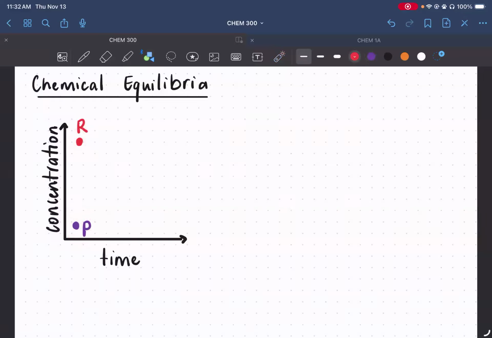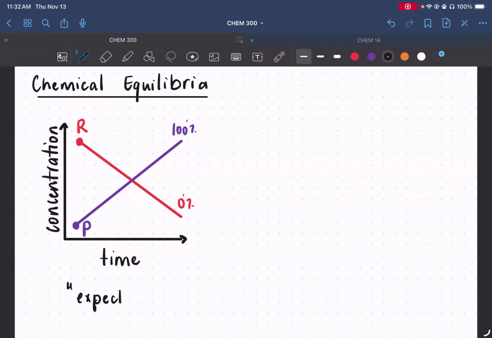Over the course of the reaction, however, the reactants are expected to decrease. Over the course of the reaction, the products are expected to increase such that by the time the reaction is over, in an ideal world, we'd have 100% product and 0% reactant. This is what I taught you last week. This is the expected graph in an ideal world.